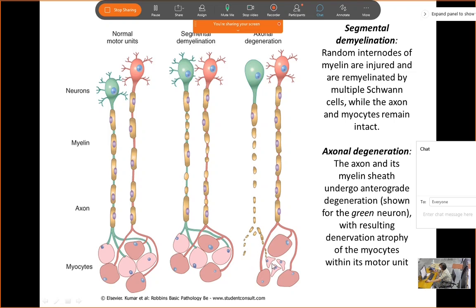So here you can see that the muscles have become atrophied, the myocyte. Okay, and the myelin also is totally broken up and lost. So gradually, starting from the skeletal muscle, there is loss of skeletal muscle. Whatever left is totally atrophied. The myelin is also lost, and the neuron does not have any synapses anymore. Okay, so this is denervation, atrophy of the myocytes within its motor units.